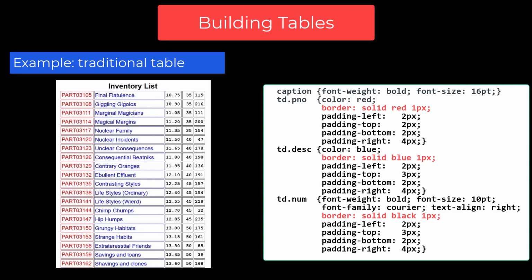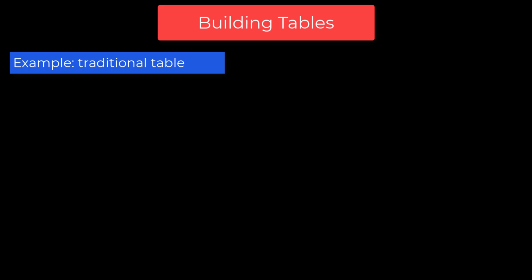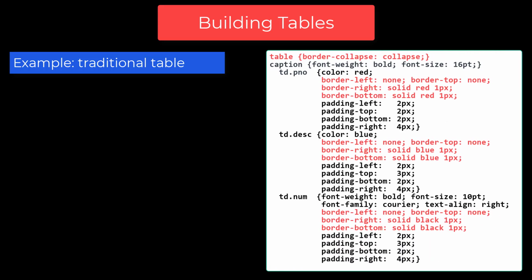So I added table border-collapse: collapse, and then specified the edges of the borders this way. For all 3 style classes, I made border-left and border-top both be none to give it sort of an open feel. And then border-right and border-bottom were solid 1 pixel borders with the color red or blue or black, depending upon which element you're looking at.